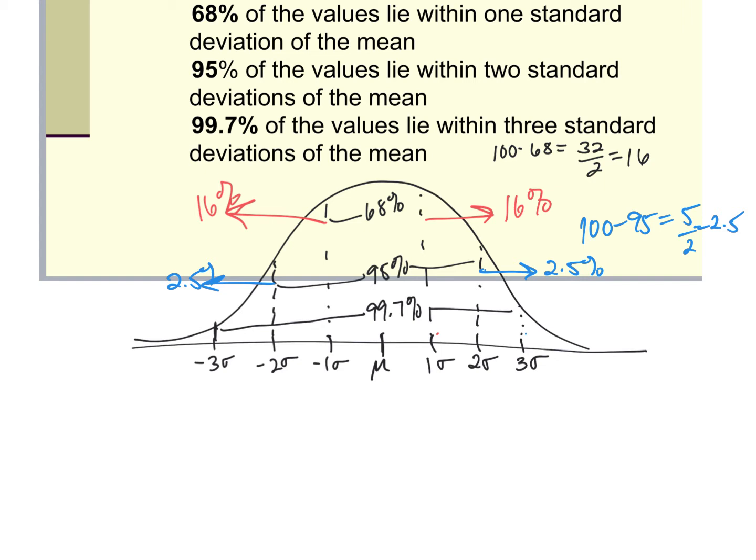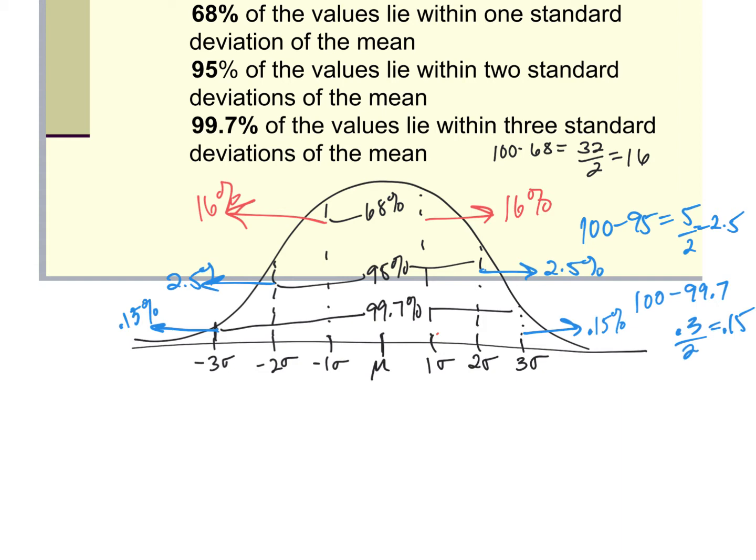And to be more than 3 standard deviations from the mean, 100 minus 99.7 is 0.3. Divide that into 2 equal tails, and we get about 0.15%. So data is more than 3 standard deviations from the mean only about 0.15% of the time.